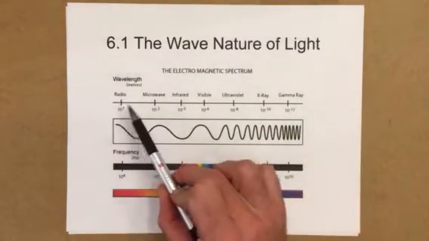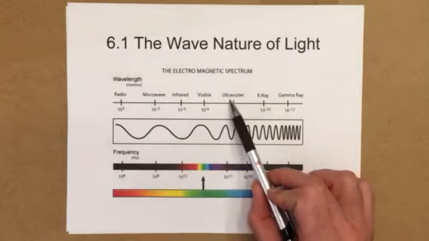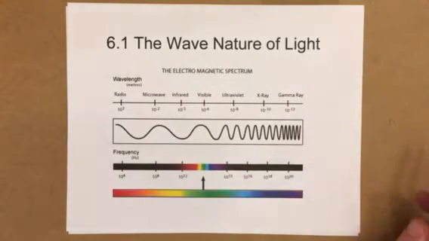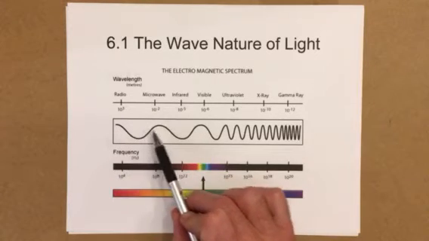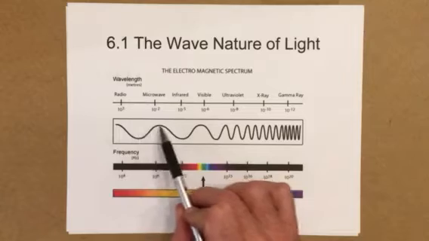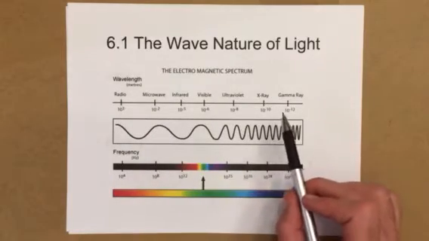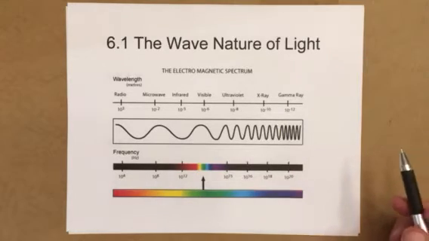So light is one type of electromagnetic radiation. Other types are radio waves, microwaves, infrared, visible light, ultraviolet, X-ray, and gamma rays. They're all electromagnetic radiation, and they differ by the size of the wave. The really big waves with a large wavelength, where the peaks are really far apart, would be things like radio waves and microwaves. The things with really short wavelengths are X-rays and gamma rays.